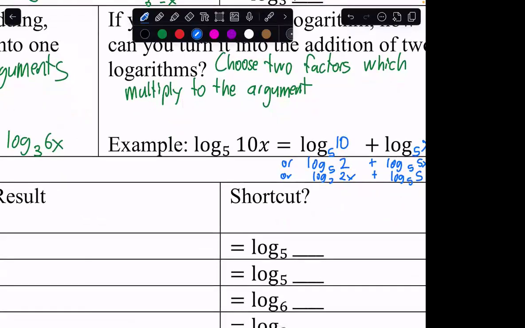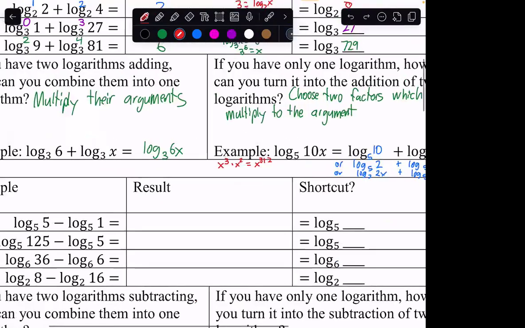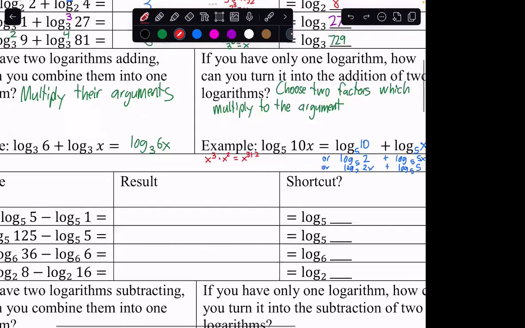What Rebecca's referring to is we know that, for example, x cubed times x squared, here you add the exponents, because she said you're going down a notch from multiplication to addition. But now for logarithms, you're kicking it up a notch, right? Even though the terms are being added, you multiply them. Because they're inverses, you go the opposite direction.